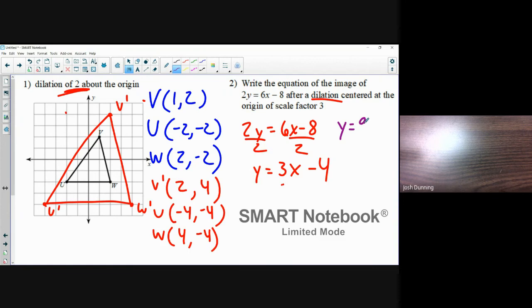Now we'll multiply the y-intercept. 4 times 3, 12.